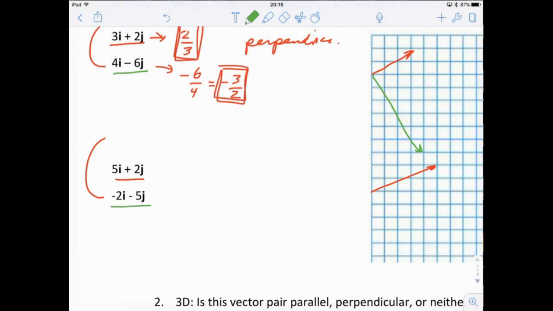So negative 2i minus 5j. 1, 2, 3, 4, 5. So it's like that. Okay, and no, these are not perpendicular and they're not parallel. Not perpendicular, not parallel. Okay?